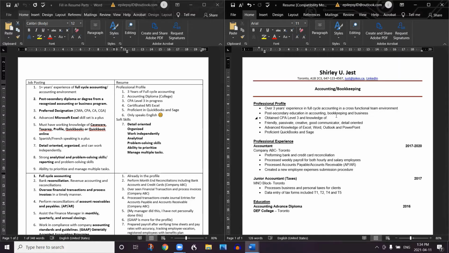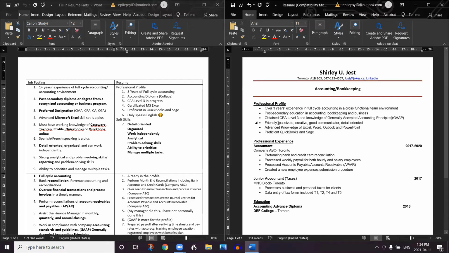So knowledge of, and we're going to capitalize this because it is a proper term. And because this is an acronym, we want to make sure it picks up the acronym. So we're going to do this. And that's good for applicant tracking systems, because if the applicant tracking system searches for this, but not this, or this, but not that, it will at least have both in there.